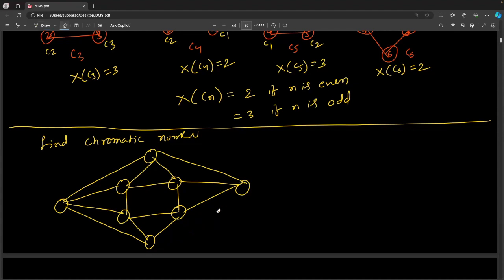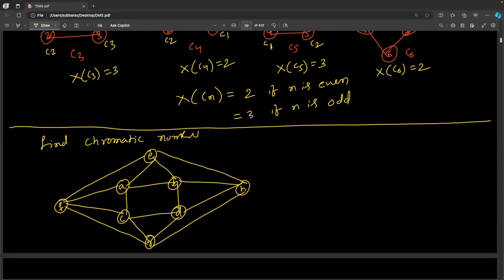Find yourself what is the chromatic number for this. If you want, you can give some vertices names also, for your convenience. So A, B, C, D, E, F, G, and H. Find the chromatic number of this graph.